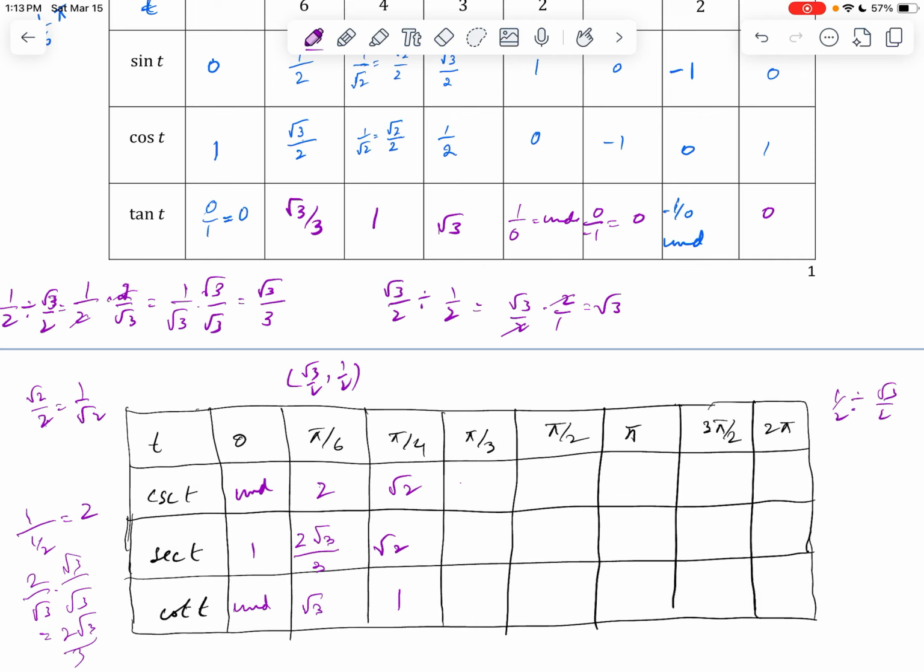If you simplify it, it becomes 1 over square root of 3, which is the same thing as we have here. So this is 1 over square root of 3, or 2 square root of 3 over 3. So you can remember it in any form. You can remember it in this form, or you can remember it in this form.